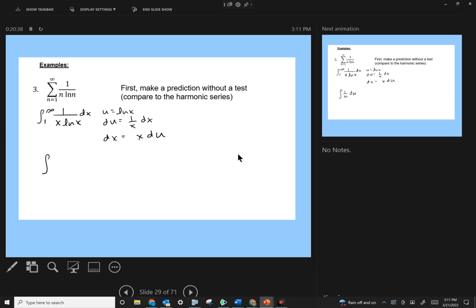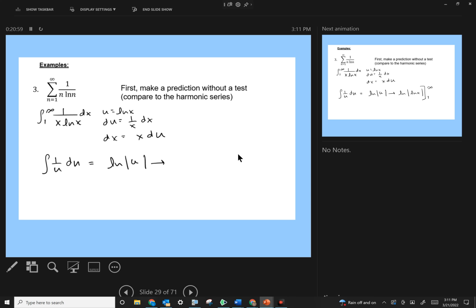So we're actually integrating what? Bless you. 1 over u. And if I integrate that, it just becomes, isn't that just natural log of u?